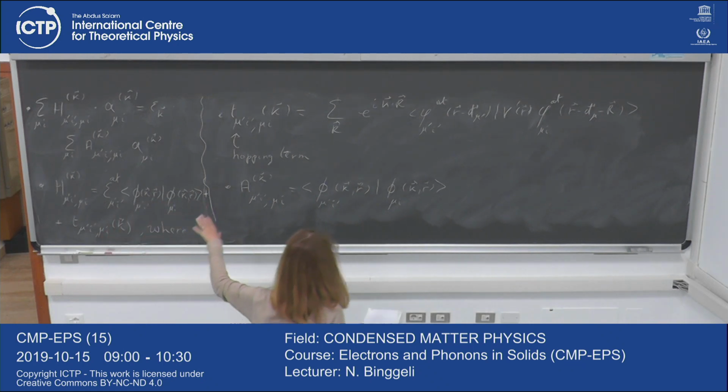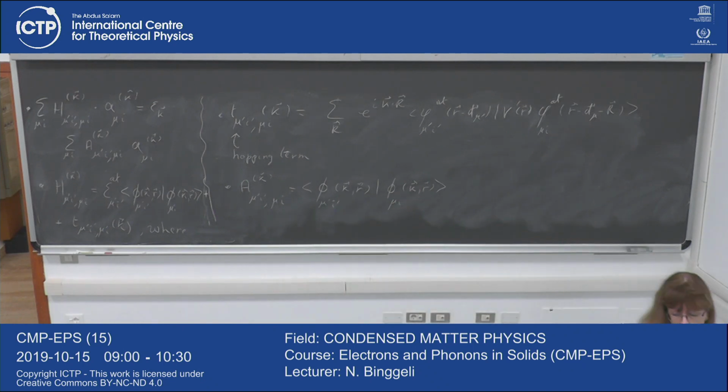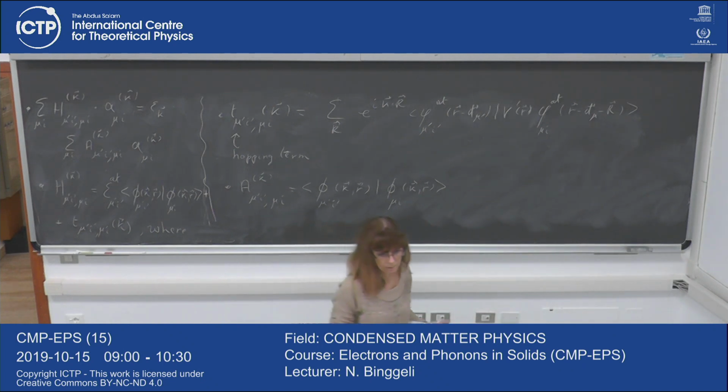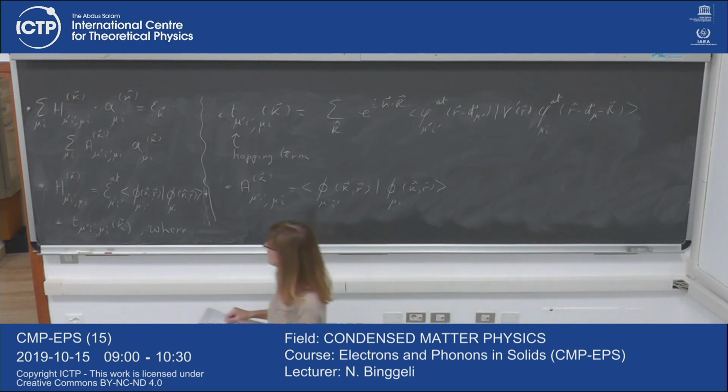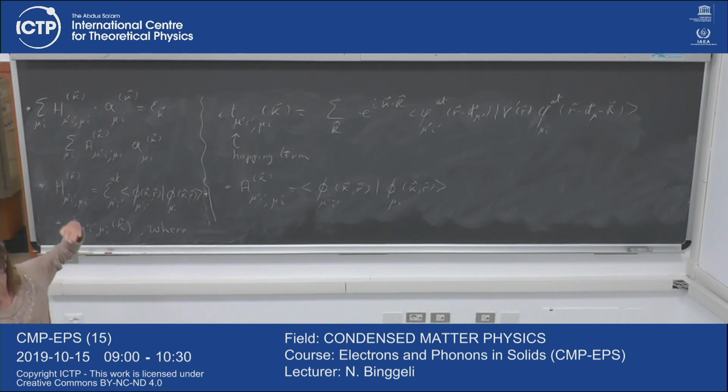So this is in principle exact. We didn't make any approximation so far, except writing the crystal potential as a sum of atomic potentials. And we consider a finite number of bound states in our basis, which is also an approximation. But we can include as many atomic states as we want in this form.